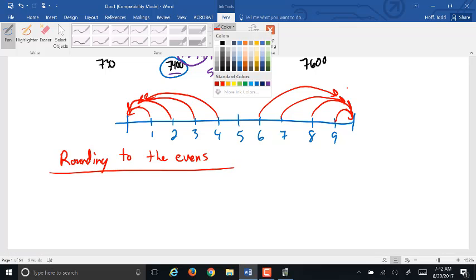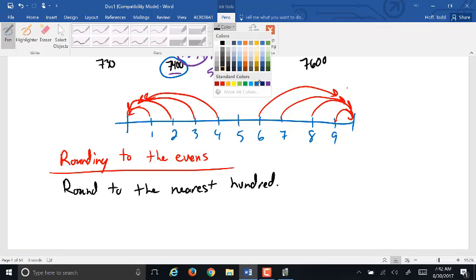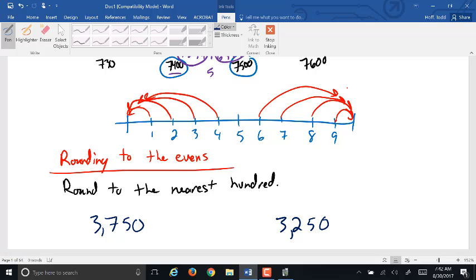And what rounding to the evens does, let's say we're going to round to the nearest hundreds again. If I have a number like 3,750 or 3,250, I'm rounding to the nearest 100.